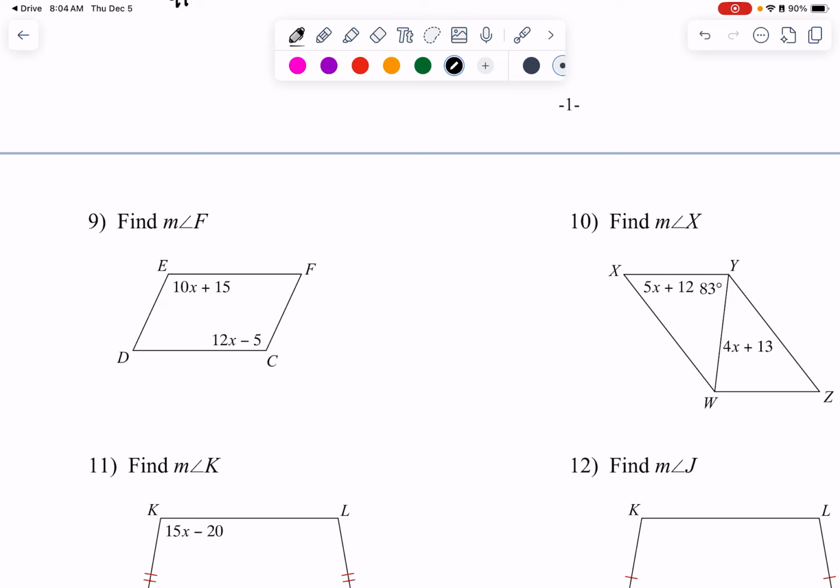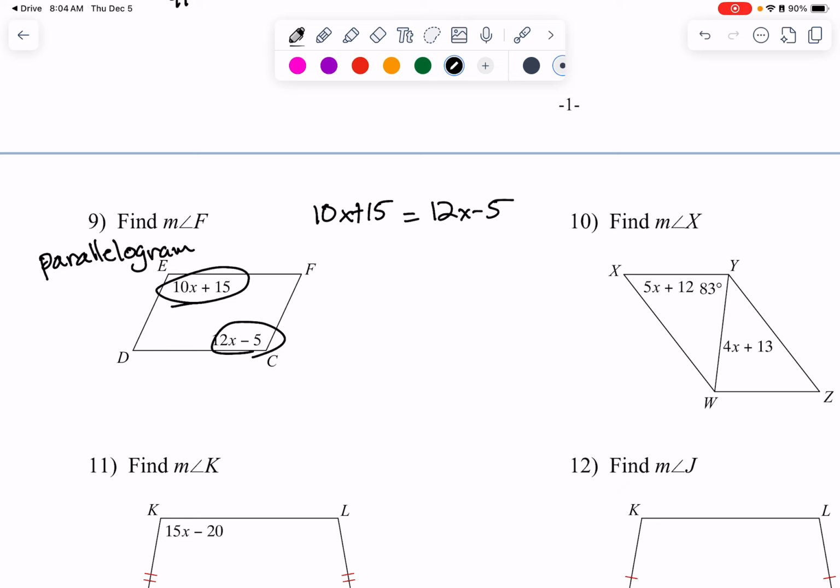So what I can assume is that this angle 12x minus 5 and 10x plus 15, that those are equal. So I can say 10x plus 15 is equal to 12x minus 5. Because in a parallelogram, opposite angles are equal.